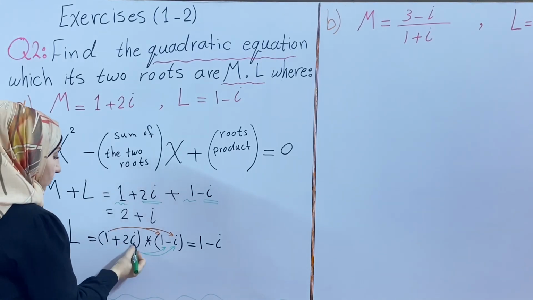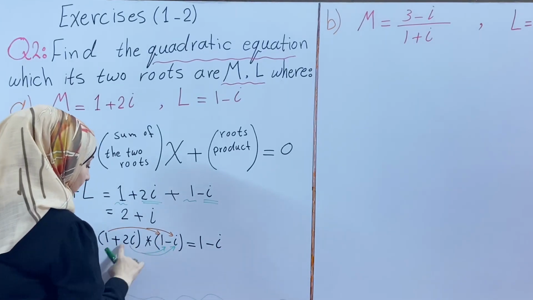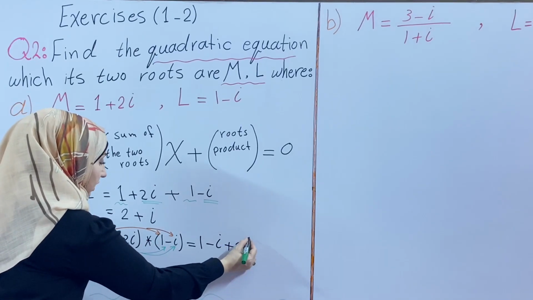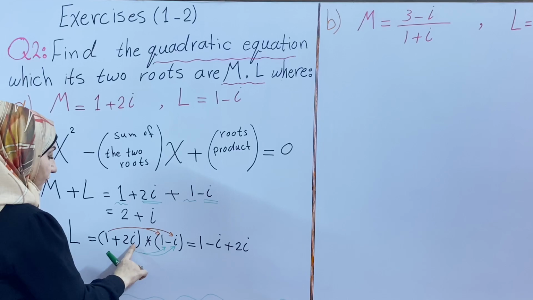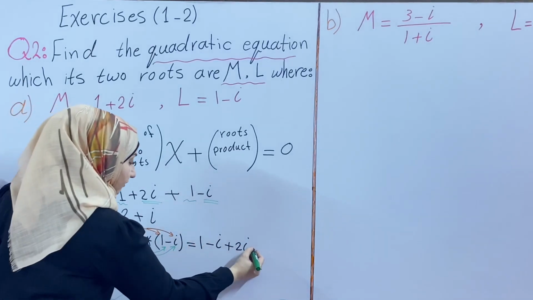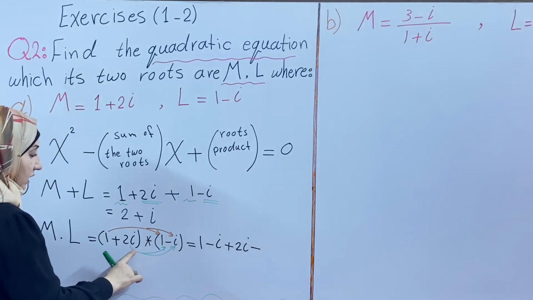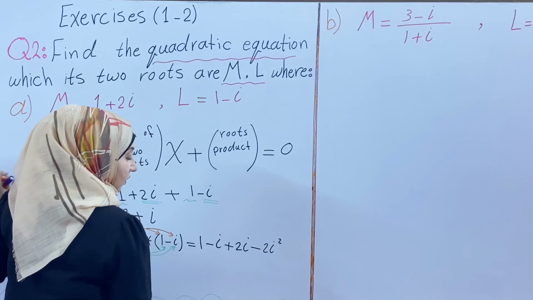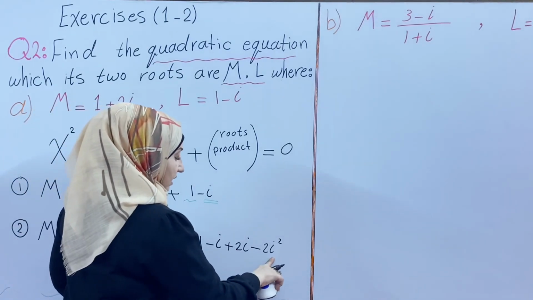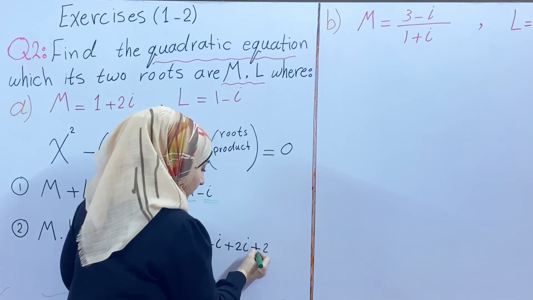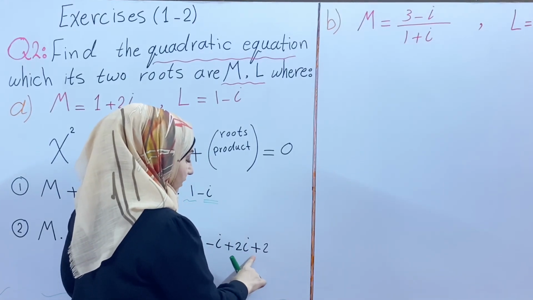So 2i multiplied by 1, positive 2i multiplied by positive 1 equal positive 2i. Positive 2i multiplied by negative i, positive times negative is negative: 2i multiplied by i, 2i squared. When we see i squared, we replace it by negative 1, and it will be plus 2.